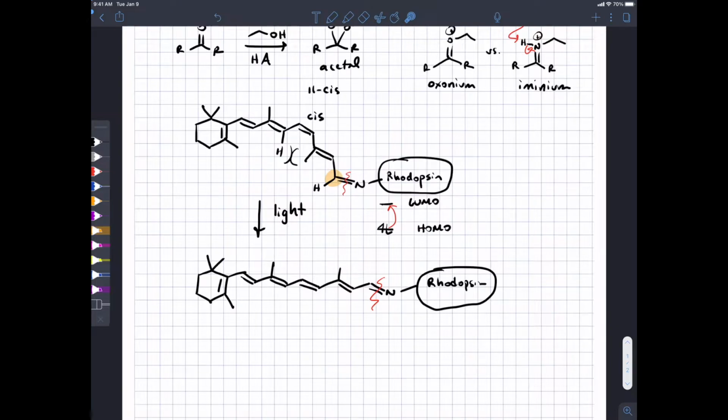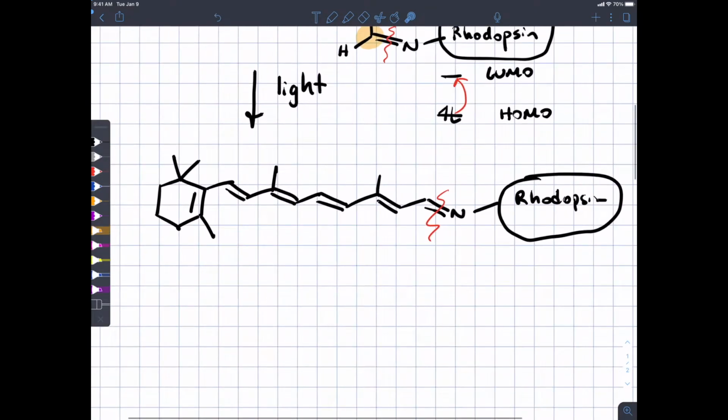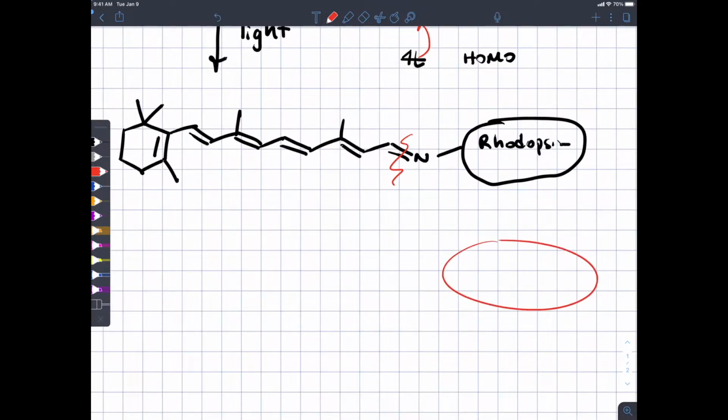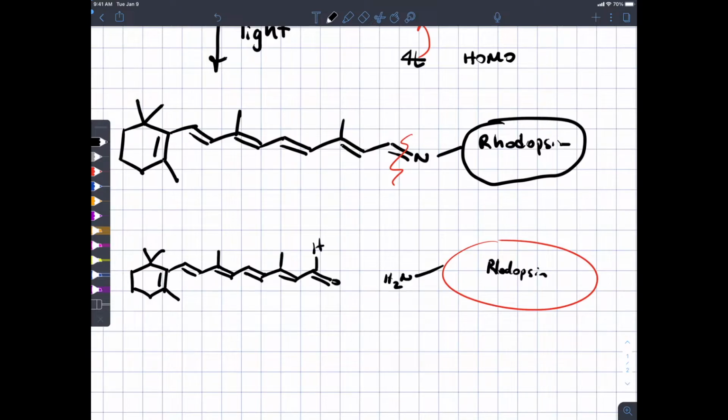Yeah? So basically, it takes off the amine to recycle it, and then is it now an aldehyde? Yeah, it takes off the aldehyde. So if you clip it off, what you have left is now this, right?